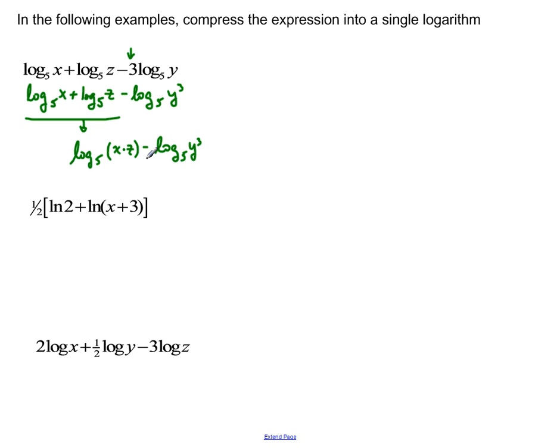Well, yes. This is a quotient, and so when we combine all of these things together, we have the logarithm base 5 of the quotient, x times z, divided by y to the third. And that would be our single logarithm expression in this particular case.